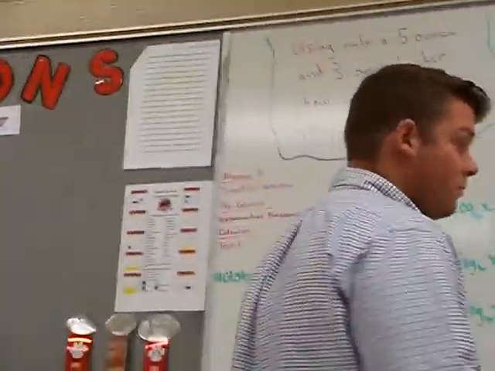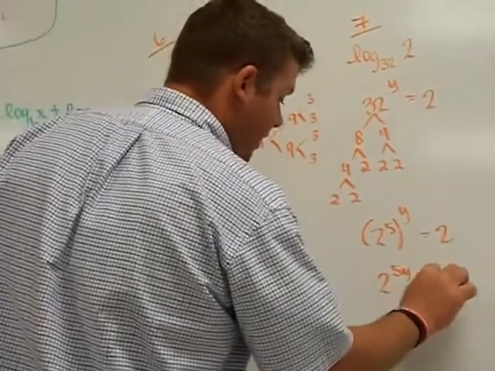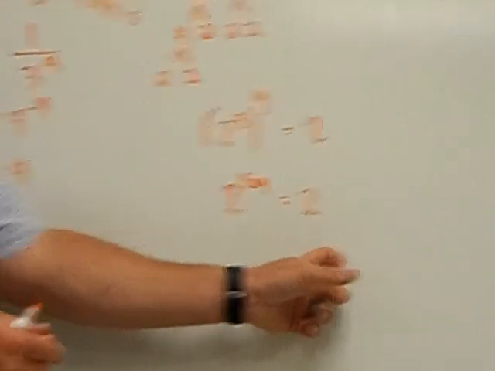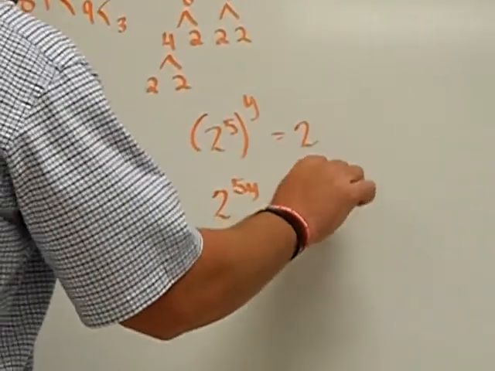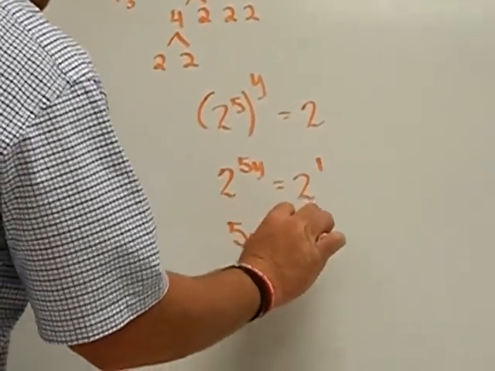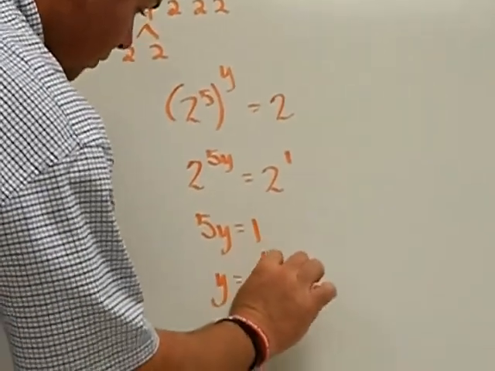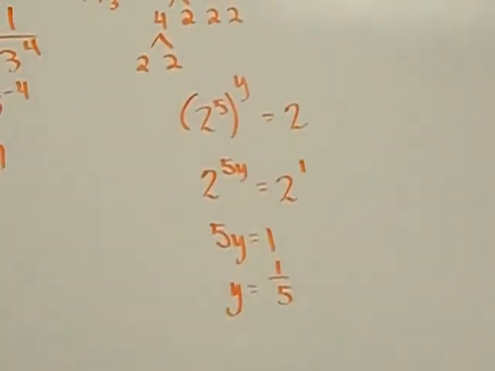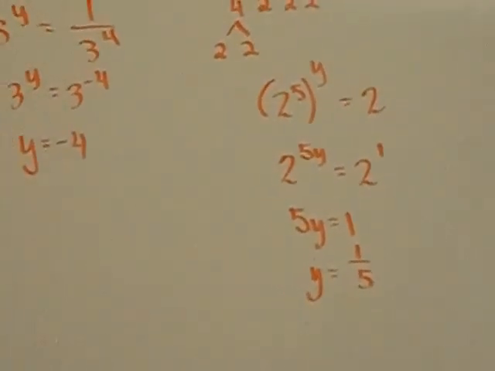Multiply. 5 times y gives you 5y. All that equals 2. Bases are the same. What is this one raised to? What's the exponent here? 1. So bases are the same. Drop the base. We've got 5y equals 1. Divide by 5. y equals 1/5. Okay? Does that make sense at all?